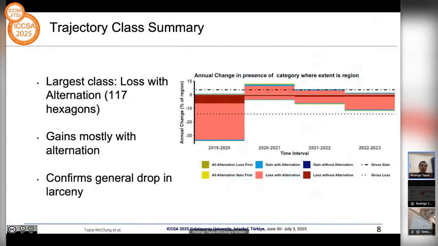When we summarize our trajectories with the trajectory plot that I just showed before, we have different interesting things happening here. We can see that from 2019 to the next period, we have a very large decrease in presence, which can be seen from the size of this bar to the next.